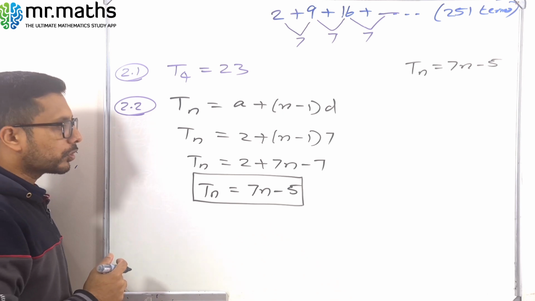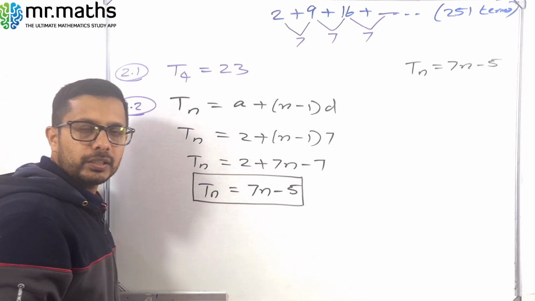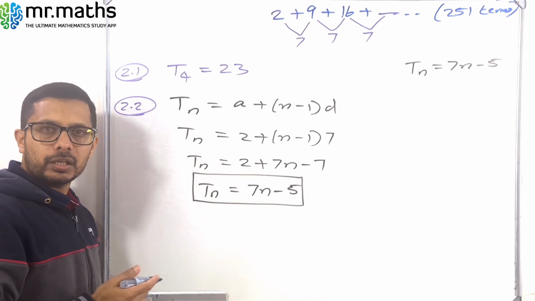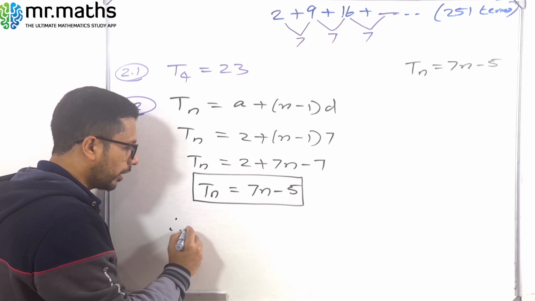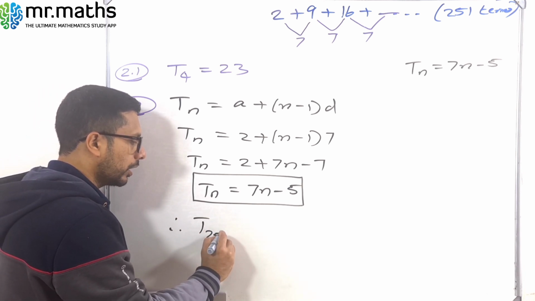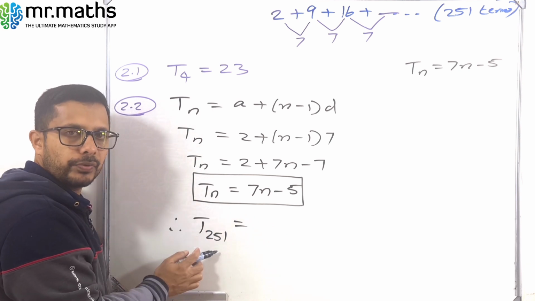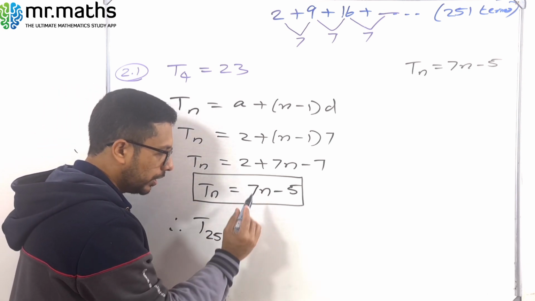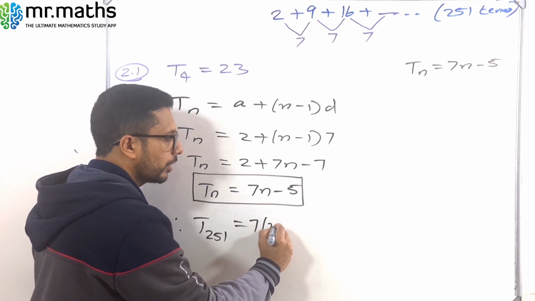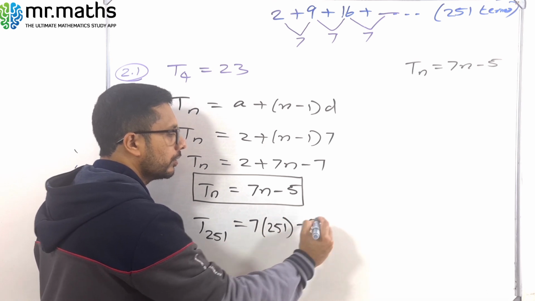Now we have to find the 251st term. So T251 is equal to, you substitute the value of n as 251: 7 into 251 minus 5.